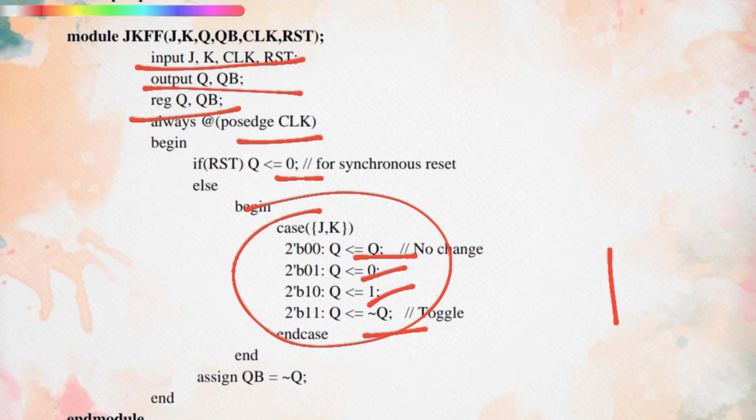The case is ended. Then we assign QB as not of Q. Here the code is ended. The module is ended.